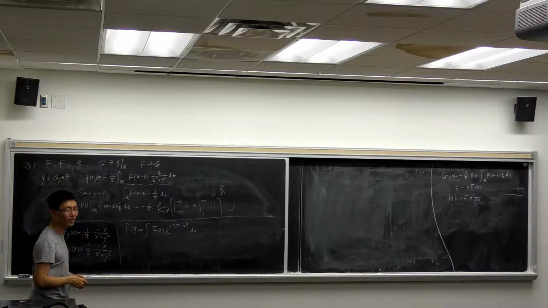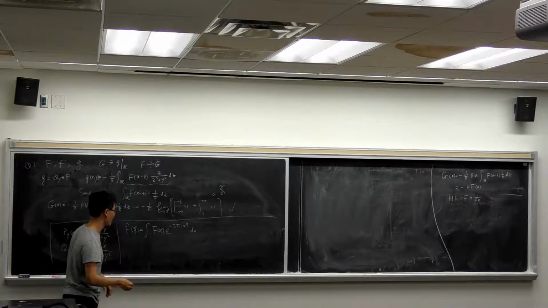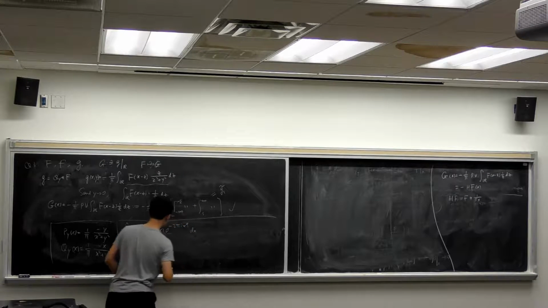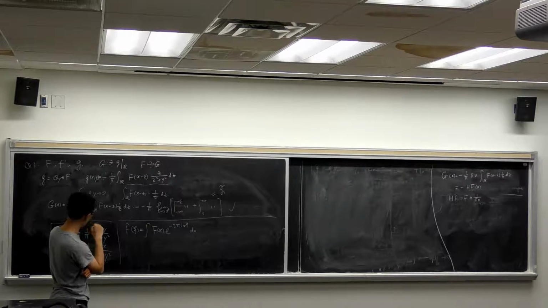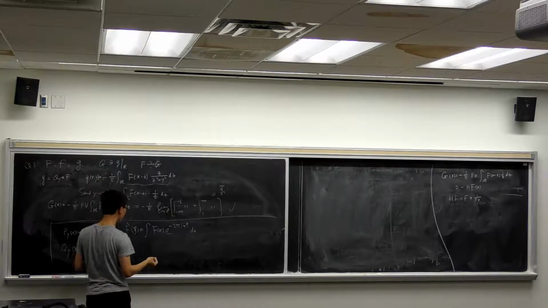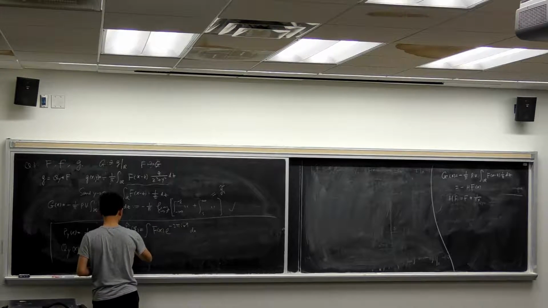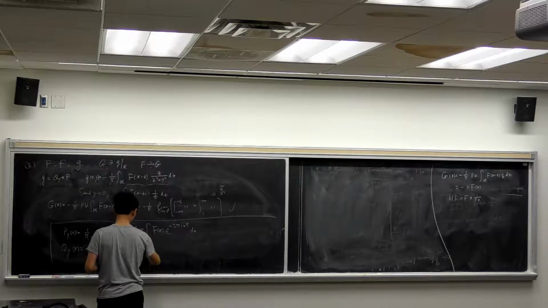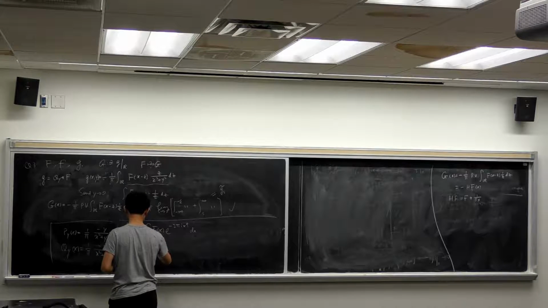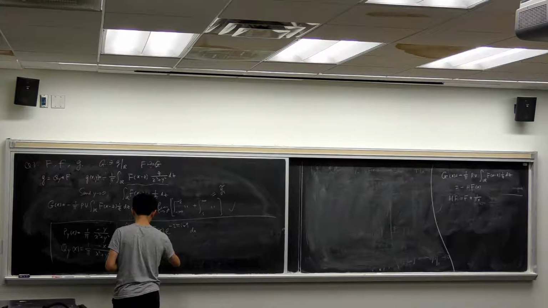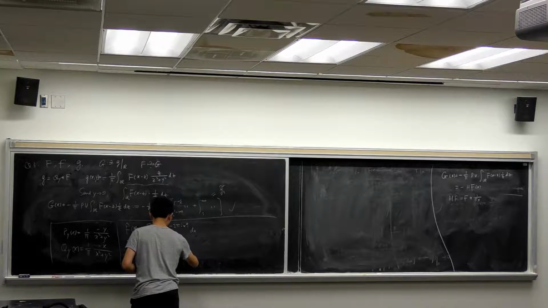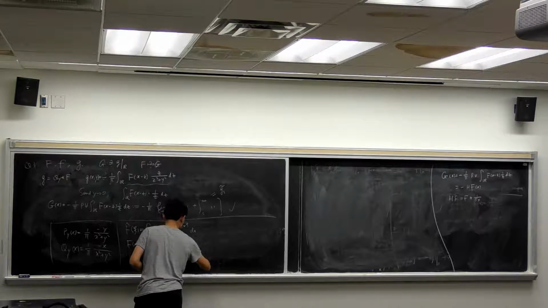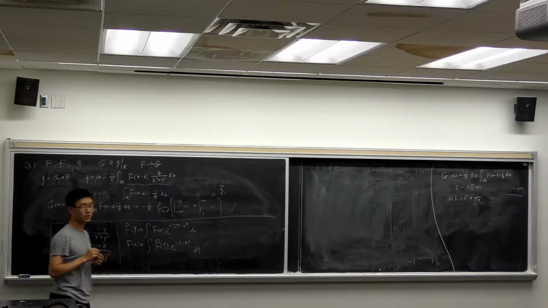This is only defined for L1 functions, but our function is C infinity, so don't worry about that. And the Fourier inversion formula tells us that you can write f of x in terms of an integral of its Fourier transform. This identity is true for these C infinity functions.